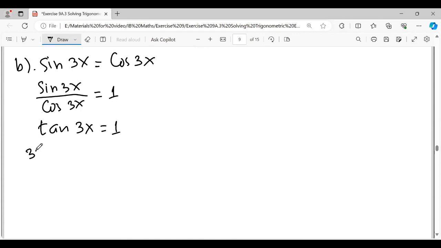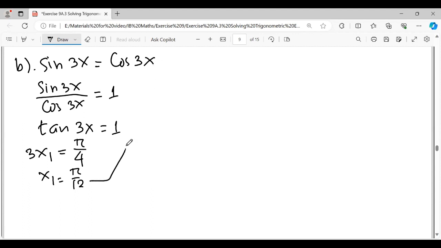So 3x1 equals 1 over 4 pi. So x1 equals pi over 12 because divided by 3.